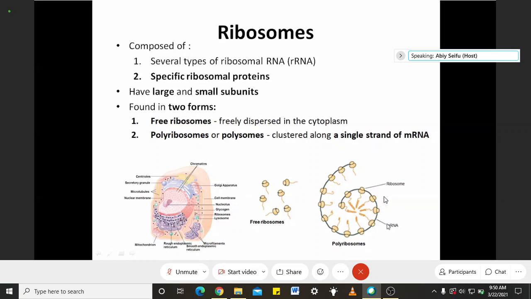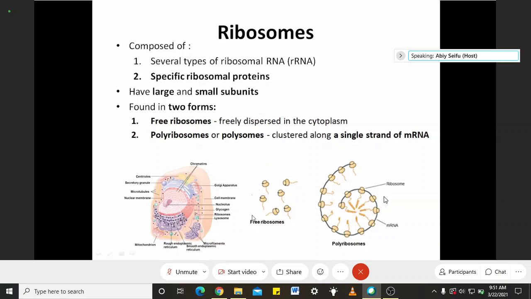Onto this messenger RNA, look at this, there are plenty of ribosomes which have now got attached to it. When they are attached to a single strand of messenger RNA, we call them polyribosomes or polysomes. So this is a polysome which is now able to produce protein. This type of polyribosomes are those which are able to produce proteins by assembling amino acids into proteins.